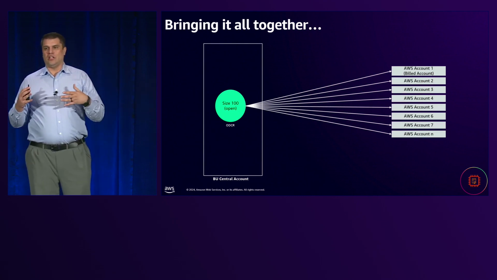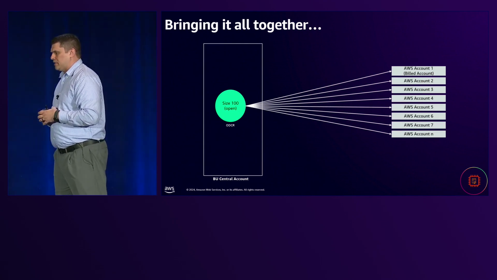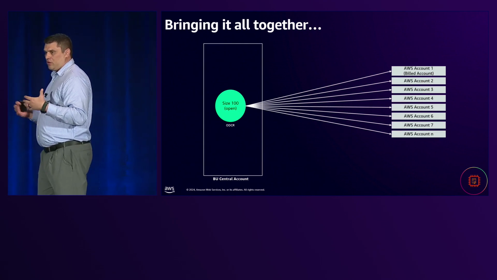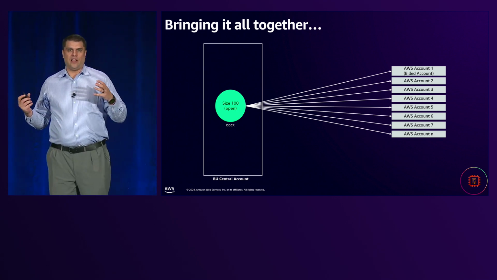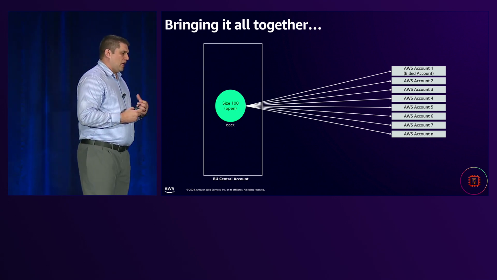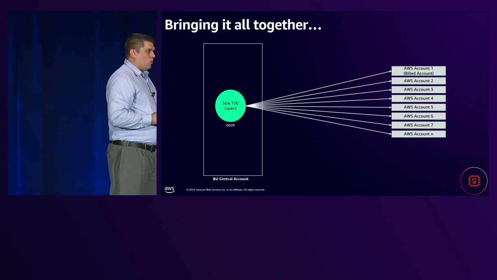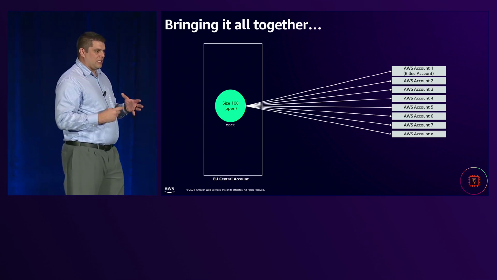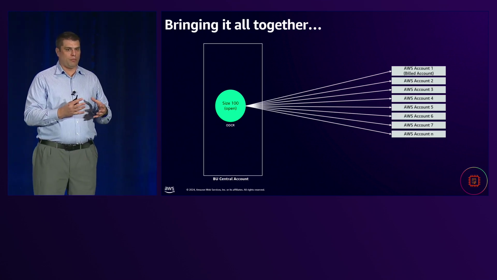So how do we bring this all together, and why is this such an important advancement? One is we're finding with our larger customers that they are moving towards this model of centralized capacity management. And there's a few reasons for that. One, it gives them a lot more visibility to have all of their capacity in one place.